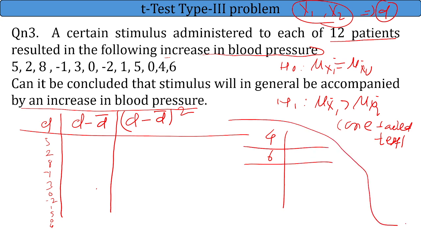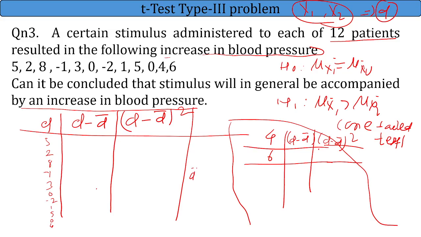Can you tell? D bar will come from summation of D upon N. How much is N? 12. And if we calculate the sum, the total is 31.